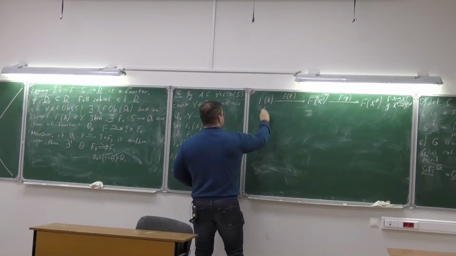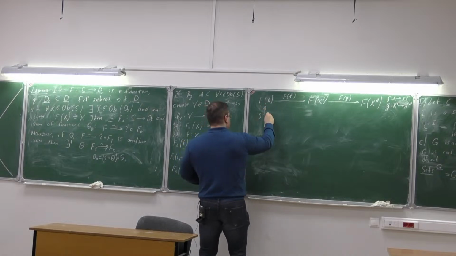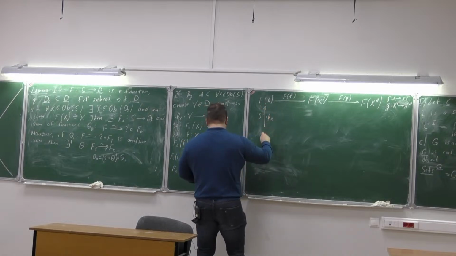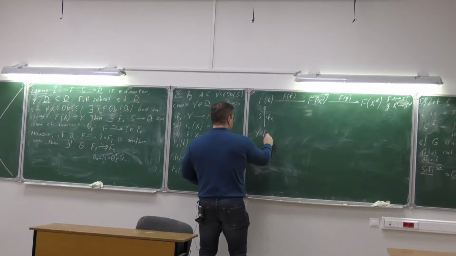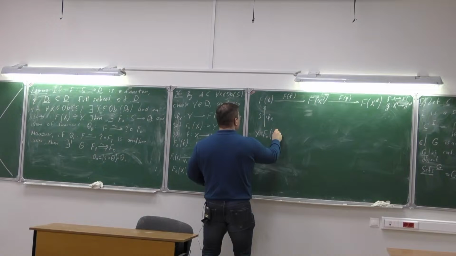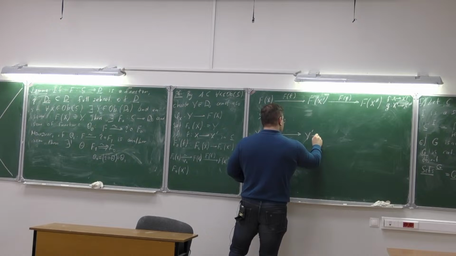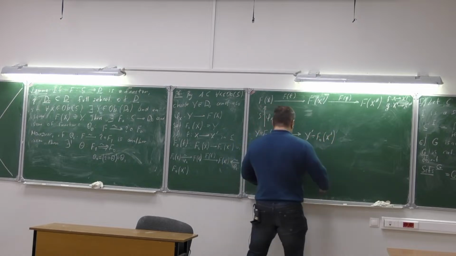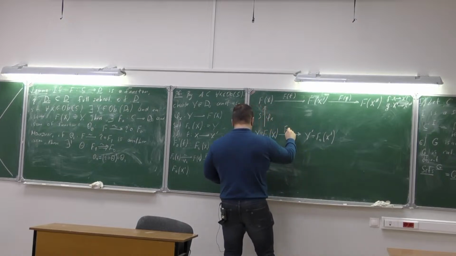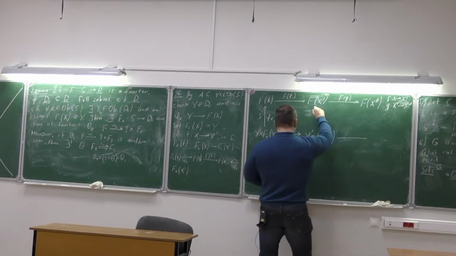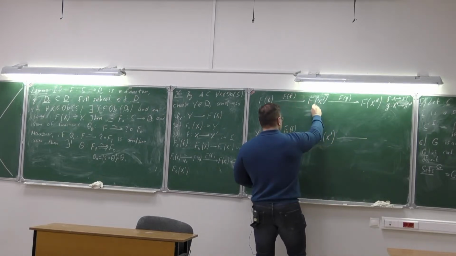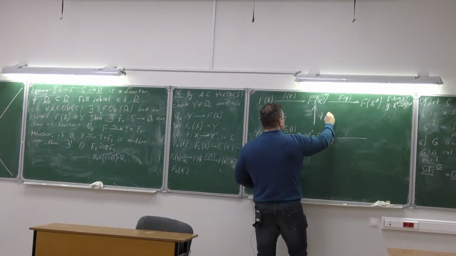Now this we can identify using phi sub x with the y, which is in this case f naught of the x. Now here we have y prime, which is f naught of the x prime, and the map is f naught of the little f here, so this is the same thing, x prime.